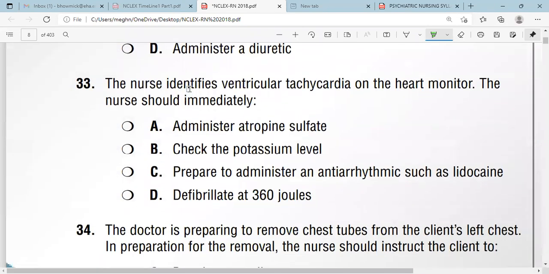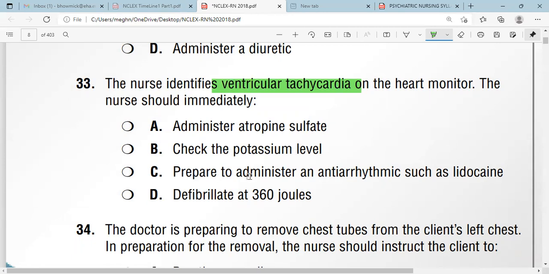The nurse identifies ventricular tachycardia on the heart monitor. The nurse should immediately do what? Identifies ventricular tachycardia, this is the keyword, right? Number A, administer atropine sulfate. Number B, check the potassium level.